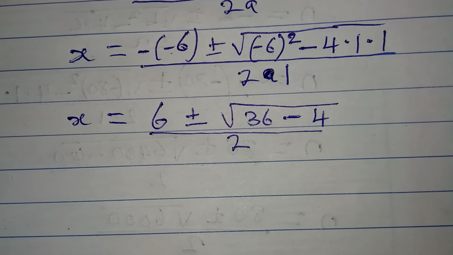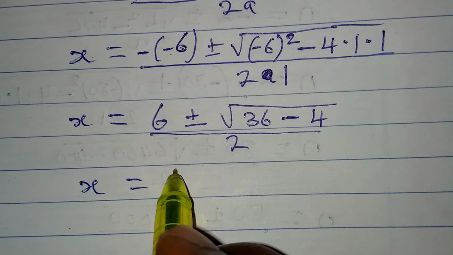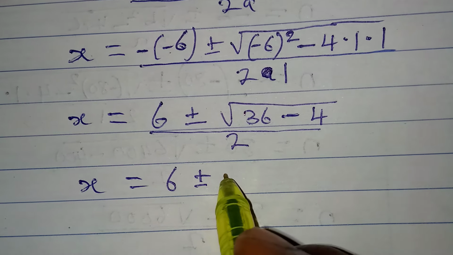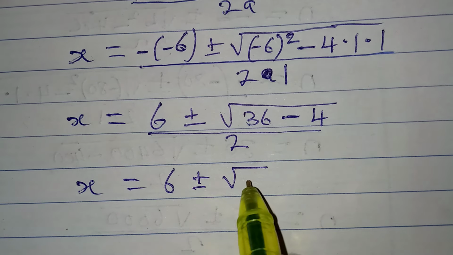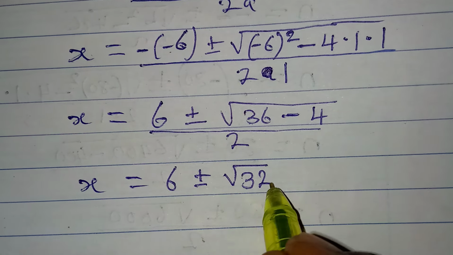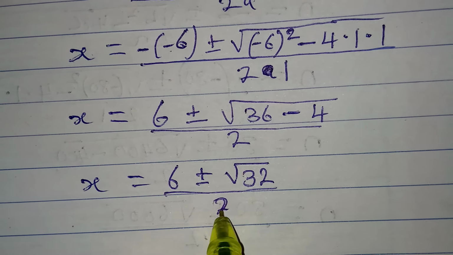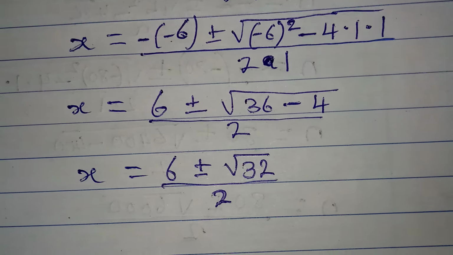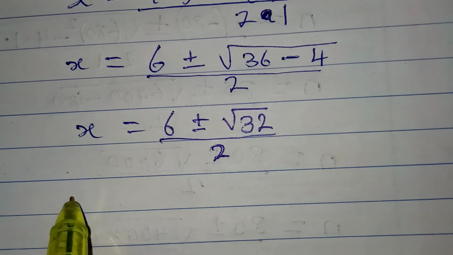Now the next thing is to deal with the square root, so our x will be 6 plus or minus the square root of 36 minus 4, which is actually 32, right, and this is now over 2.